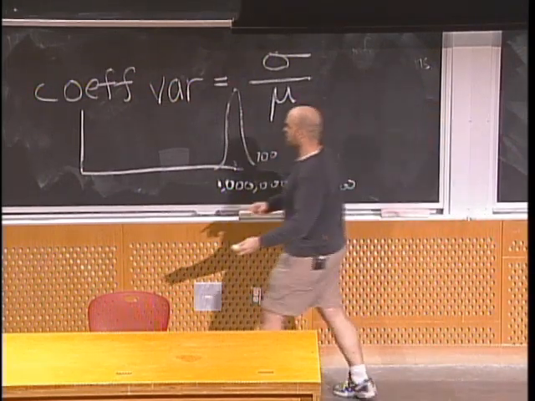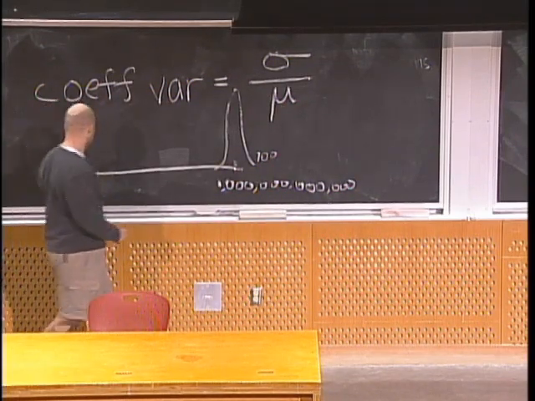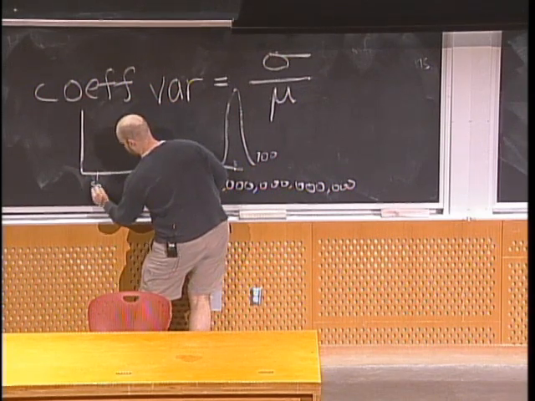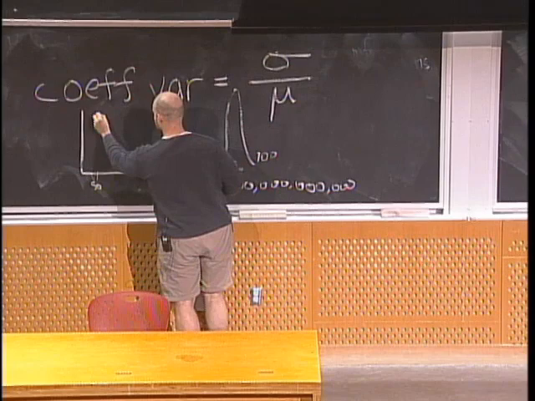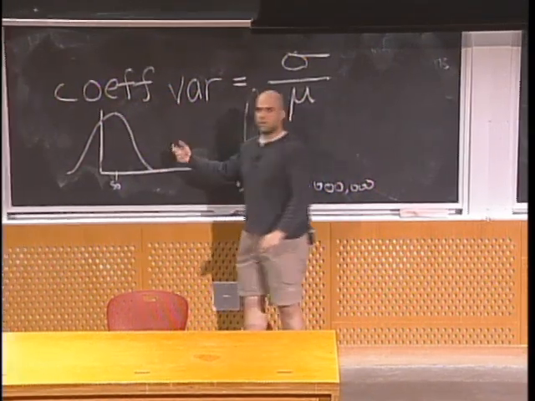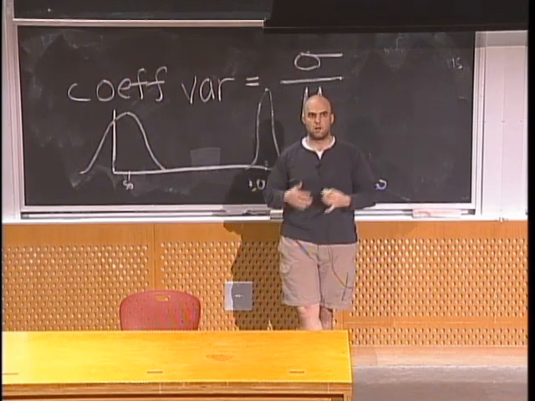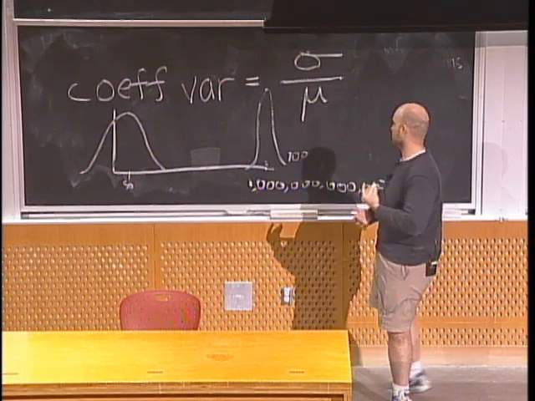On the other hand, let's say that I have another measurement and its mean is somewhere around, say, 50. And its standard deviation is 100. So it's a lot fatter. You would say that this has a much wider spread, right? So it's a way of relating the standard deviation and the mean.